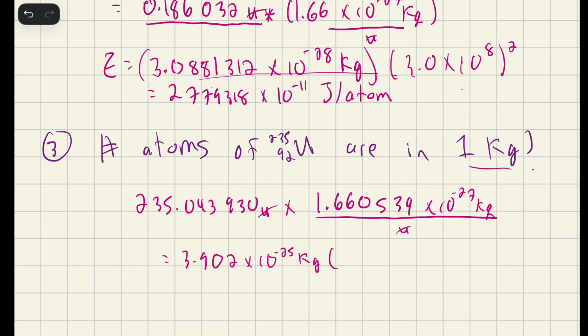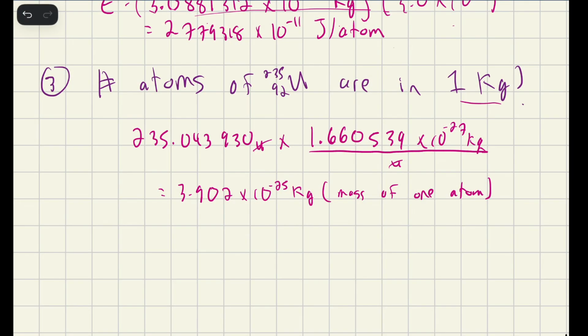So I'm going to write that as the mass of one atom. If that's the mass of one atom, then the number of atoms is equal to 1 kilogram over 3.902 times 10 to the negative 25 kilograms.